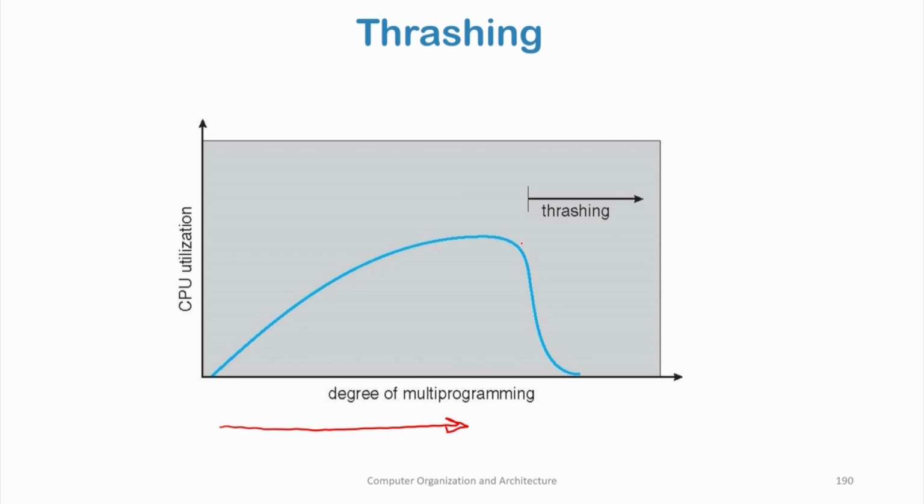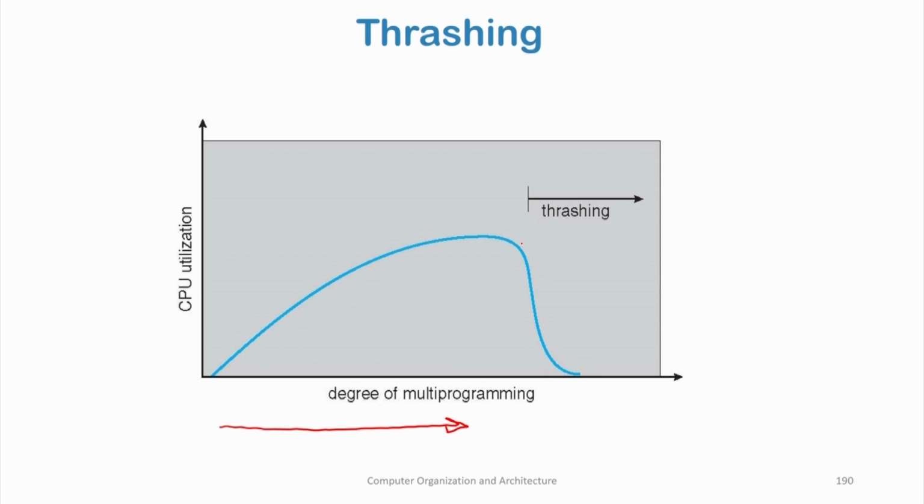So, when we are increasing the degree of multiprogramming, the number of processes co-executing on the CPU is increasing, and all these processes will take a share of the frames allocated in main memory.